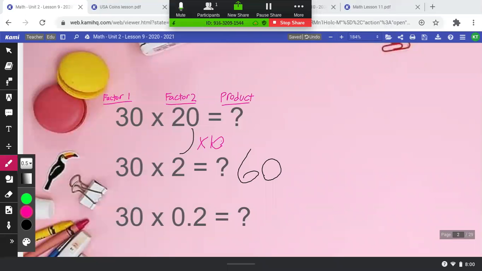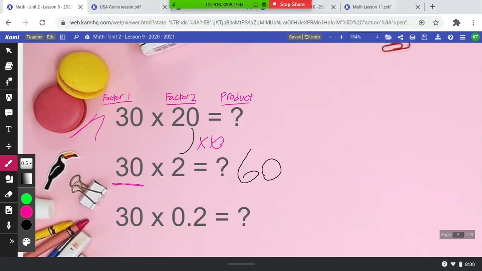So factor 1, we have 30. And in here, let me write in problem A, B, and C. In problem A, B, and C, factor 1 is 30 all 3 times. That does not change. Factor 1 is consistent. What changes is factor 2.